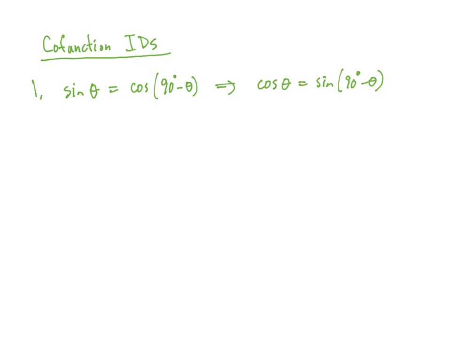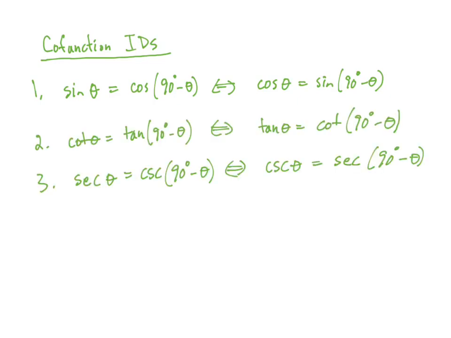So these two cofunction identities kind of go together. So we also saw two more pairs of these, okay? And here are the other two pairs. And remember, we can also use pi over 2 in place of the 90 degrees here. Okay, so those are the cofunction identities. So we've seen all of these before.